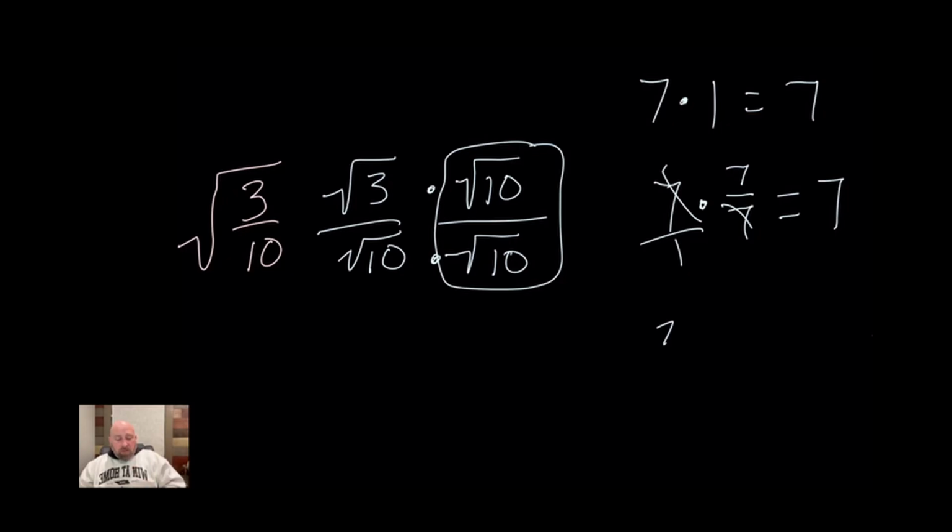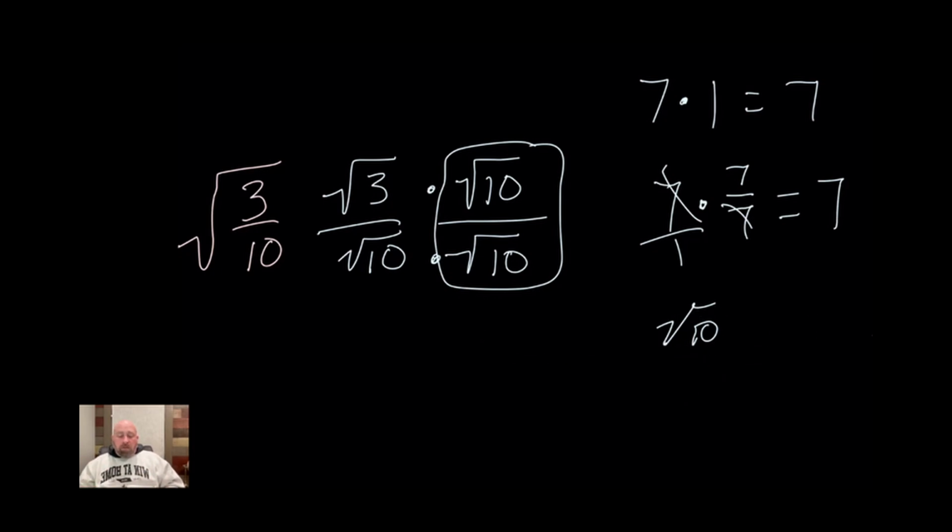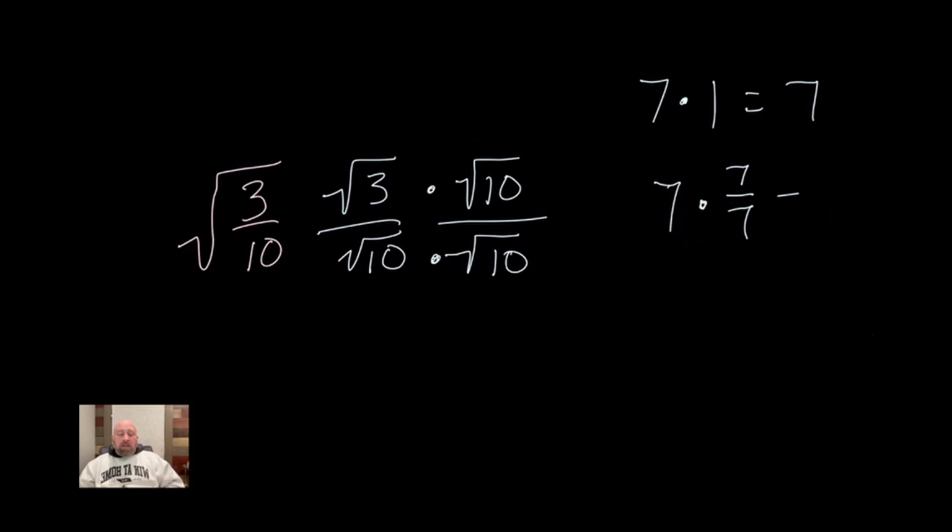So the square root of 10 over the square root of 10 equals 1. Okay, we are multiplying this by the number 1. Now, it's a tricky way to multiply by the number 1, but we are multiplying by the number 1, and that's really, really important to remember as we're doing this.